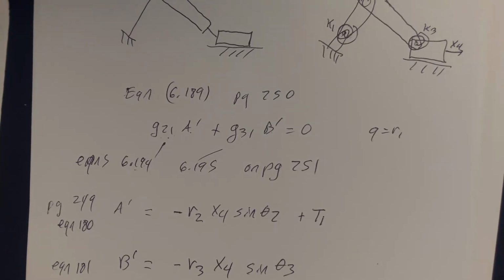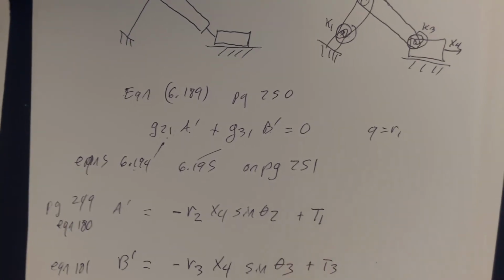I don't have an M3 or a T2, but I do have a T3, so I'll have a plus T3, and I don't have an FS, because I didn't put a spring on the slider. Okay, so that's going to give us what our A prime and B prime are equal to.